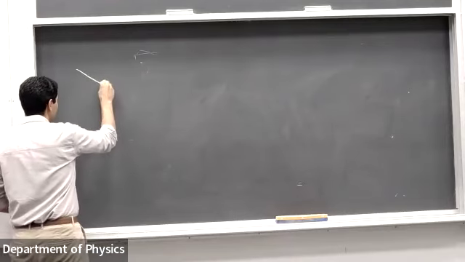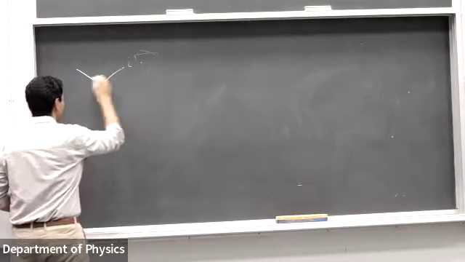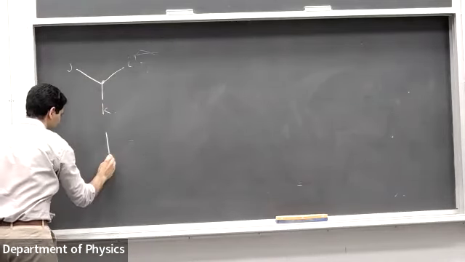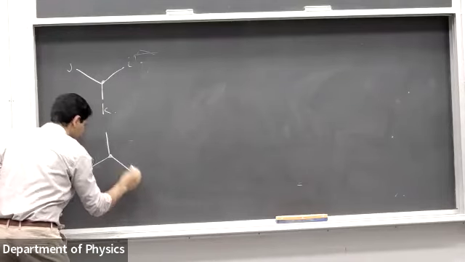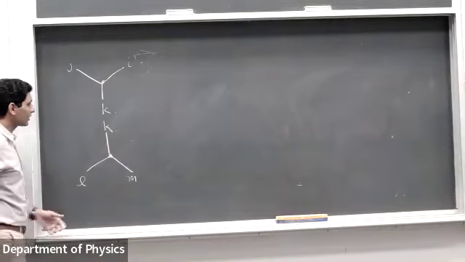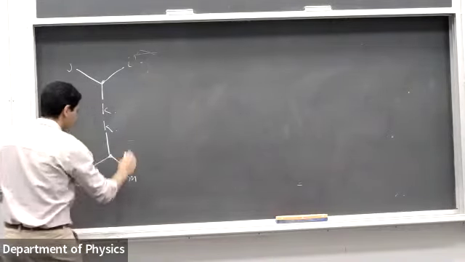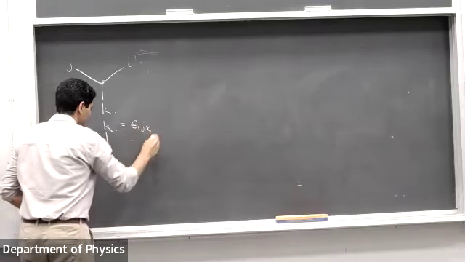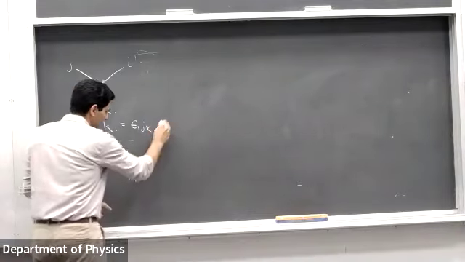Oftentimes we come across an object like this. The top bit is epsilon ijk. The bottom bit is epsilon lmk.